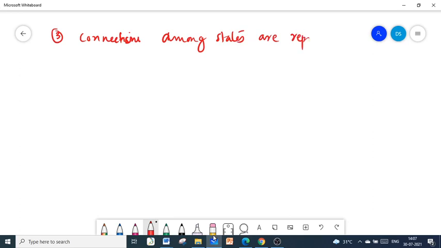And the next component, connections. Connections between states, or connections among states, are represented by means of arrows. That means we can connect from one state to another using arrows.